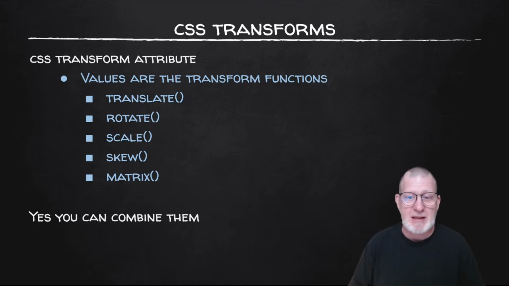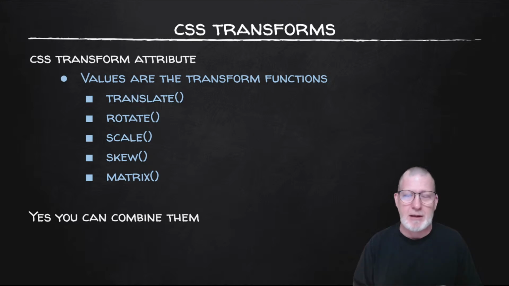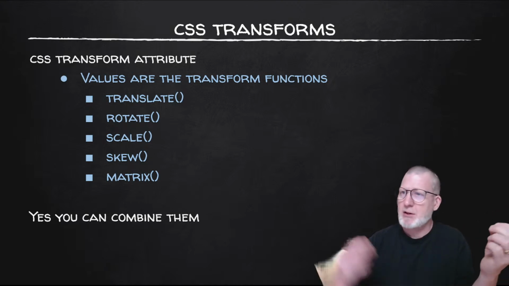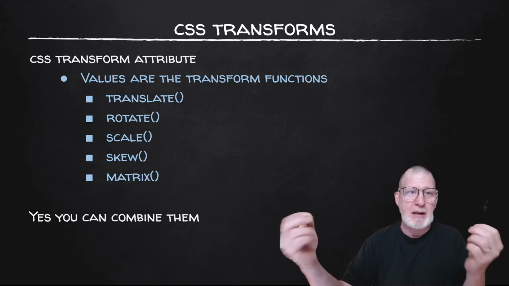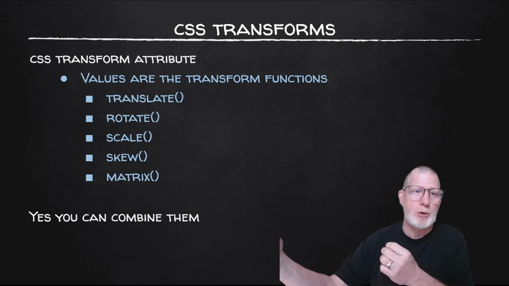We do them in CSS because we have automatic functions that do all the heavy lifting, all the math for us. So again, I don't need to know how to do a translation between a vector and a matrix. What I do need to know is that translation moves something from one place to another, and that what I need to provide it is a vector or the new location it's going to be at.